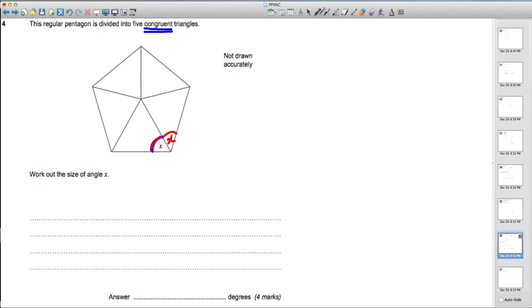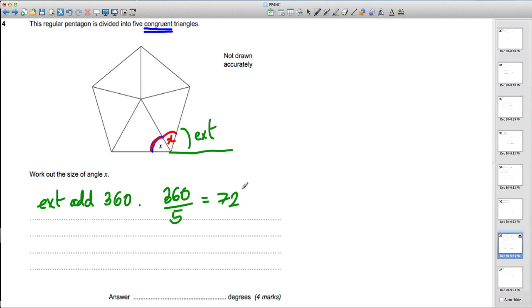Now you also know, if this is the exterior angle, the exterior angles of any polygon add to 360. So therefore this exterior must be 360 divided by 5, and 360 divided by 5 is equal to 72.